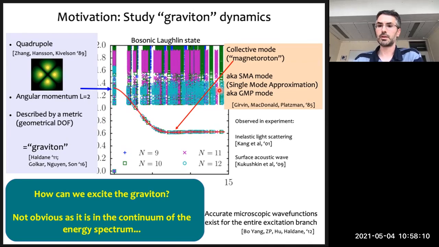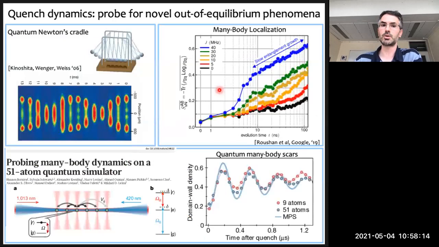And so the tool that we decided to use to study this problem is the tool of quantum quench, which has been quite fruitful, as you see on this slide, in recent years, because it allows for a very simple conceptual probe of new physics, essentially. And here are three examples of systems where this was useful.